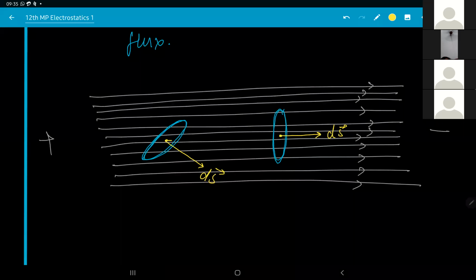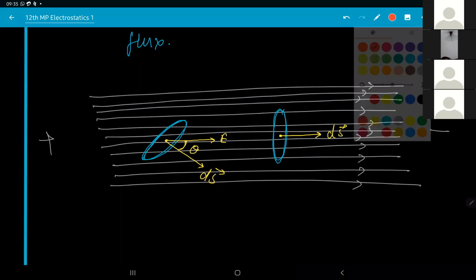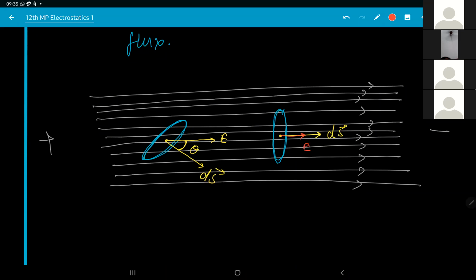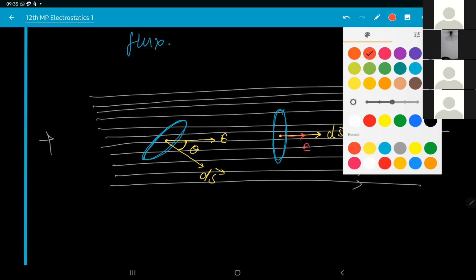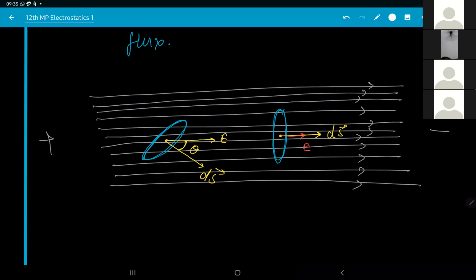Here the angle between electric field and area is theta, and here the angle between electric field and ds is 0. Here theta is equal to 0, here theta is not equal to 0. So see this, as theta is decreasing, the number of lines passing through the area is increasing. Again, theta is decreasing and flux is increasing.